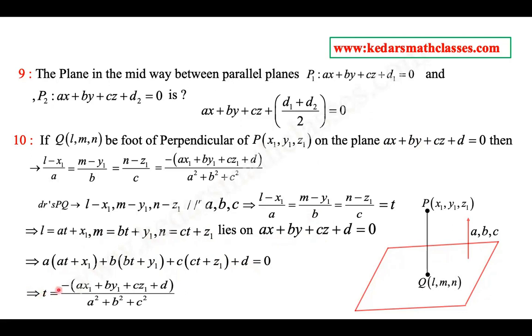From here t will be minus (ax1 plus by1 plus cz1 plus d) by (a square plus b square plus c square). Once you put this t value here, this equation is exactly the one we are searching for. So the derivation of the foot of the perpendicular formula is given.